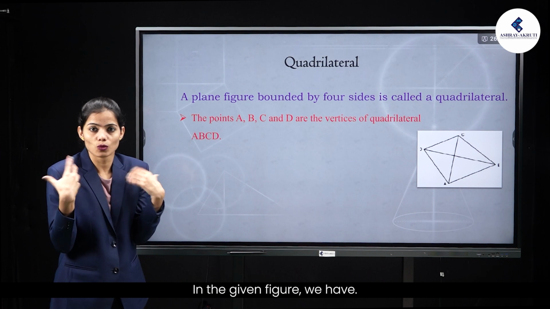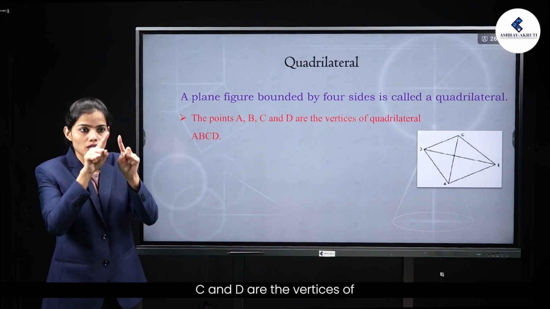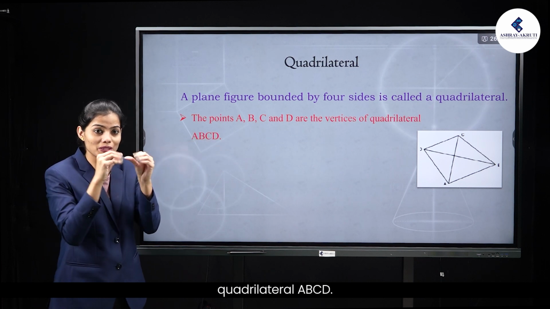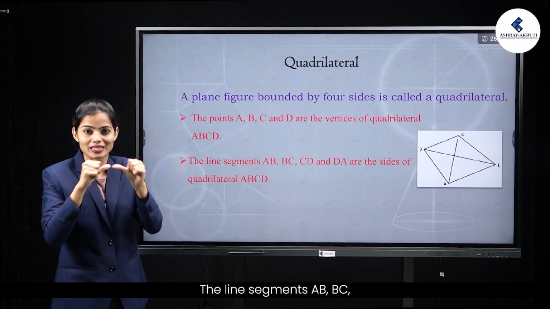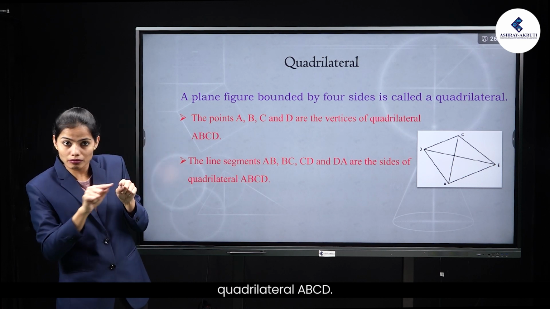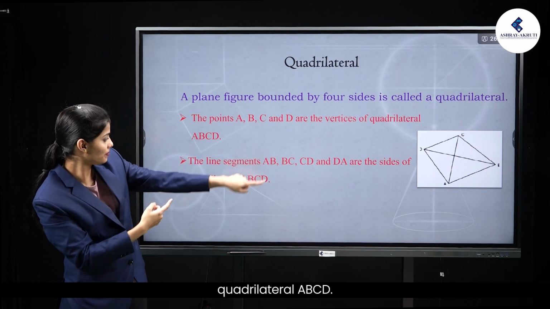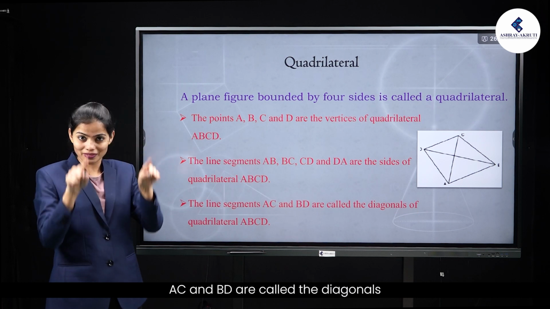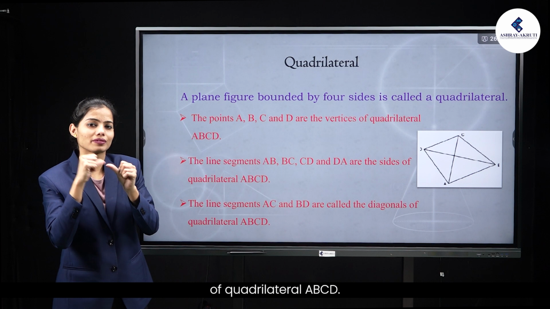In the given figure, the points A, B, C and D are the vertices of quadrilateral ABCD. The line segments AB, BC, CD and DA are the sides of quadrilateral ABCD. The line segments AC and BD are called the diagonals of quadrilateral ABCD.